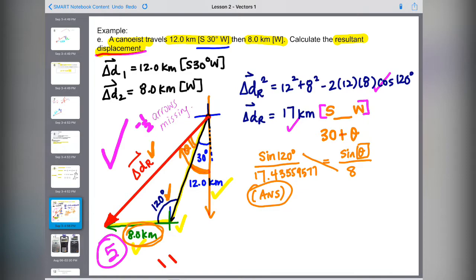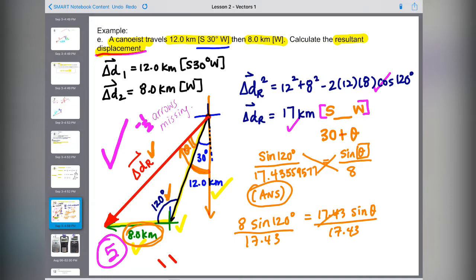I'm going to show the step at this point. I just want to make sure everybody's good. So I'm cross multiplying. I have 8 times sine of 120 equals 17.43 times sine of theta. To get sine theta on its own, you need to divide both sides by the 17.